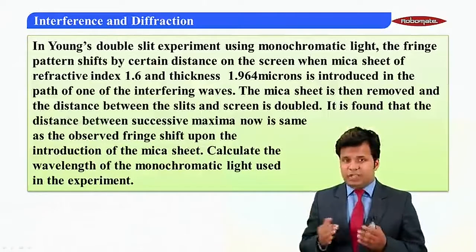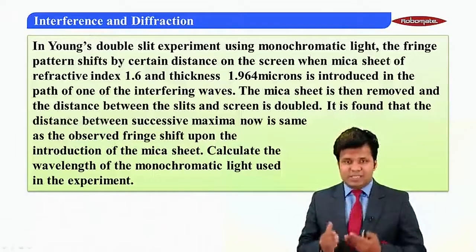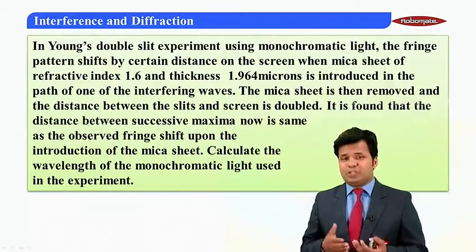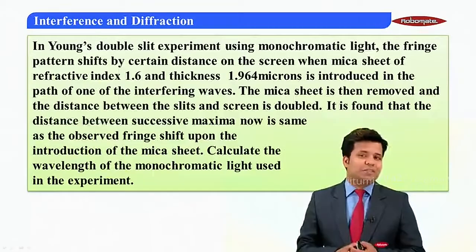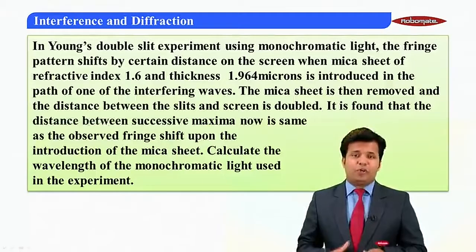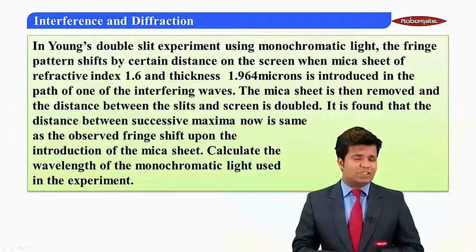It is found that the distance between successive maxima now is the same as the fringe shift observed upon the introduction of the mica sheet. You just need to calculate the wavelength of the monochromatic light used in this experiment. So lambda is to be determined.